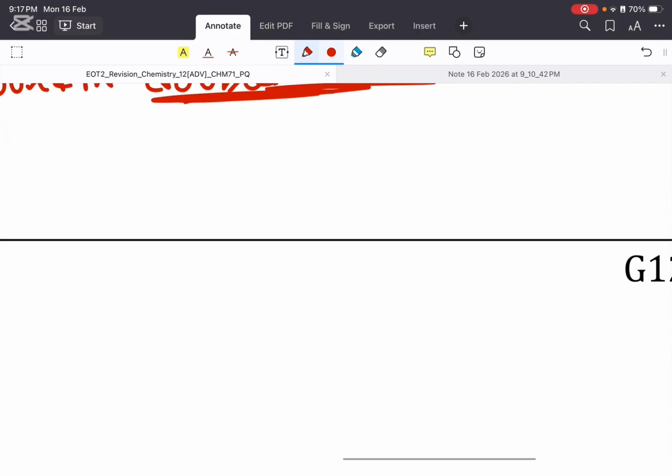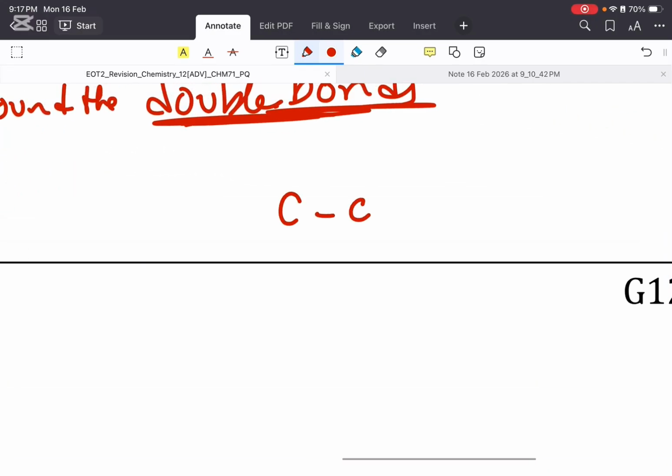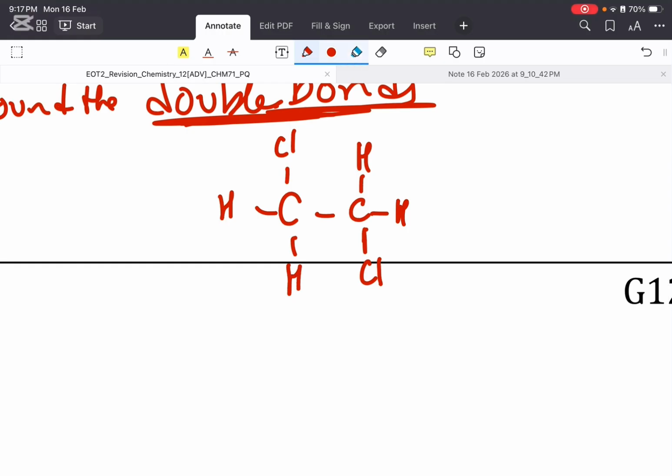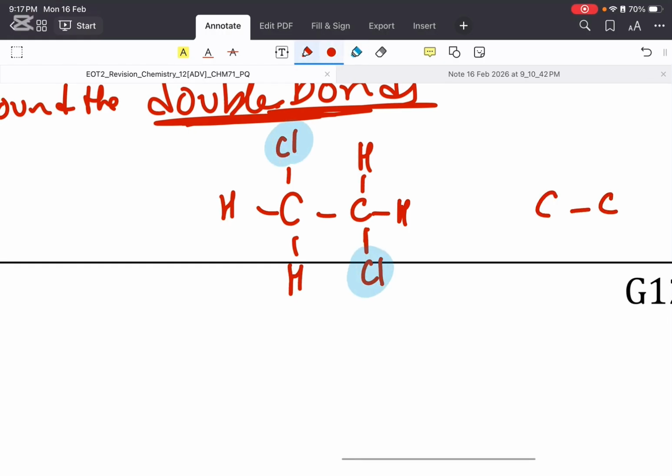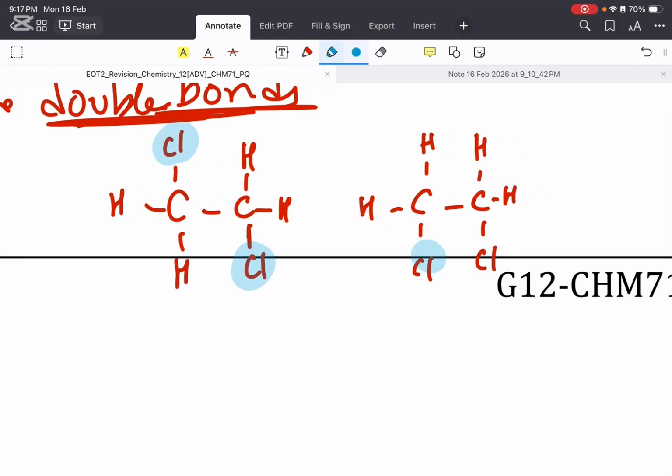Like for example, if I have two carbons like that, I have C and I have Cl, I have H, I have Cl, H and H. This one is not a trans, and these two are not geometric isomers. Even if I draw it in this way, these compounds are exactly the same.